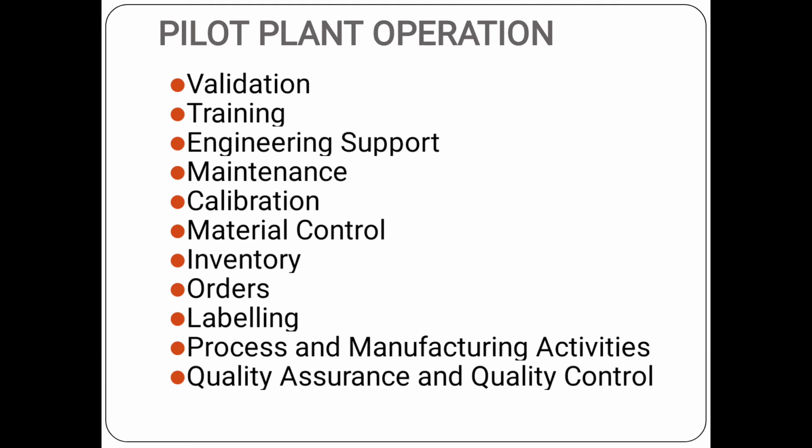And at the end, after you maintain the quality control, obviously you will assure the quality of your product, that your product will pass all those standards which are required or set by the regulatory authorities. So, all those things, pilot plant operations, mean all the operations that are involved in a pilot plant scale-up technique.